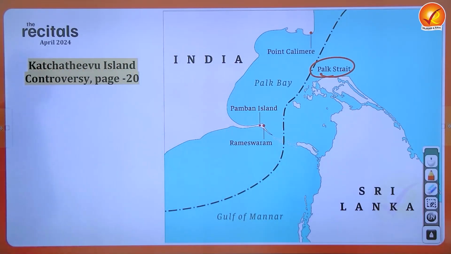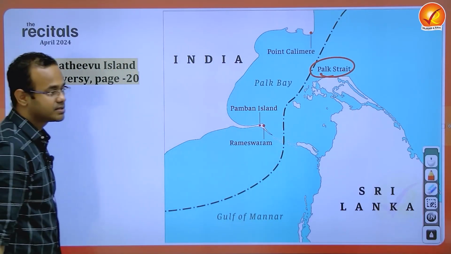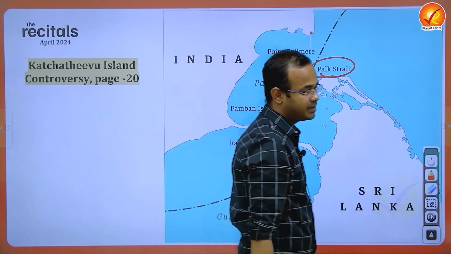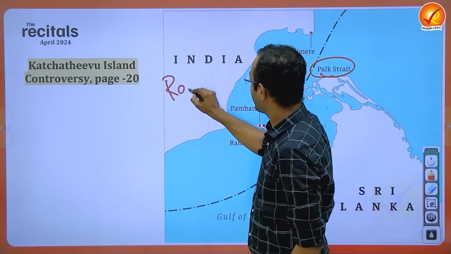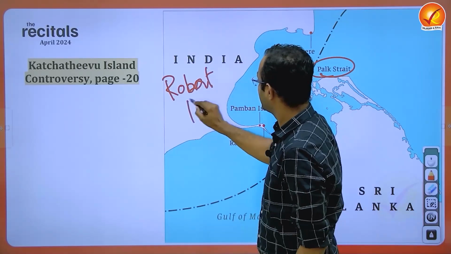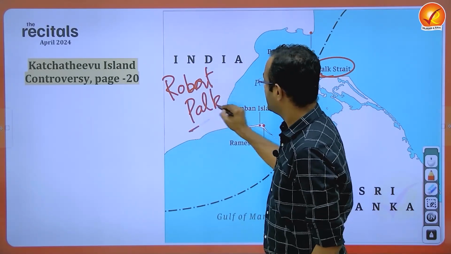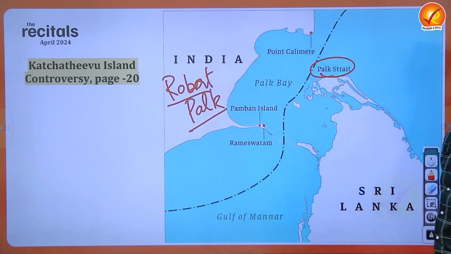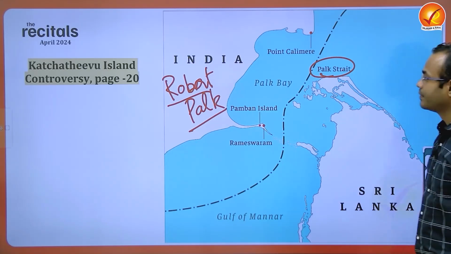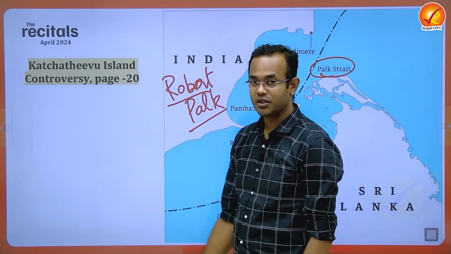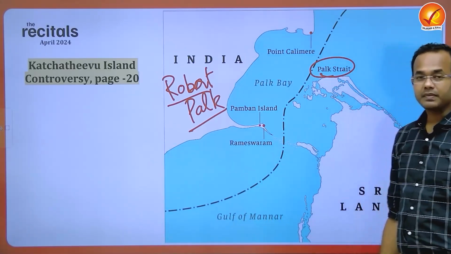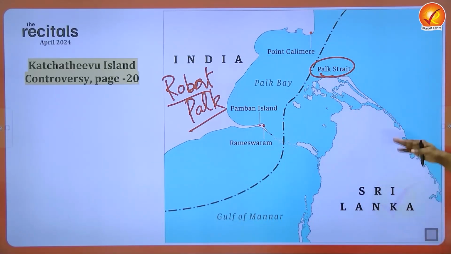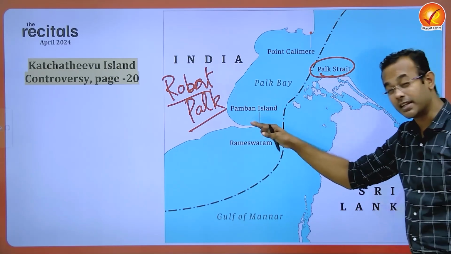Palk Strait lies between India and Sri Lanka. Palk Bay and Palk Strait are named after Robert Palk, who was the governor of Madras Presidency during the British period, from 1755 to 1763.